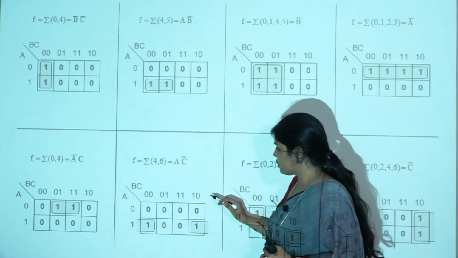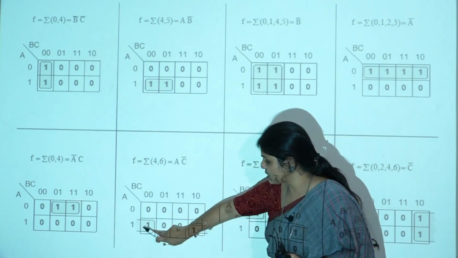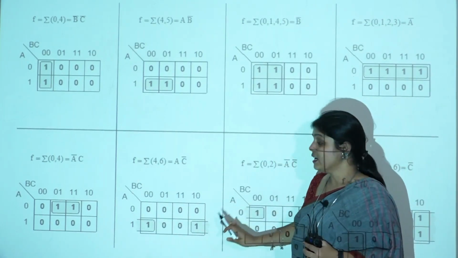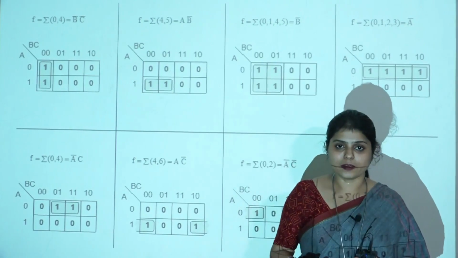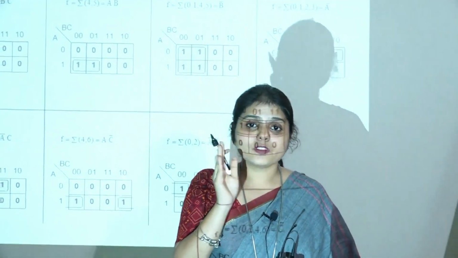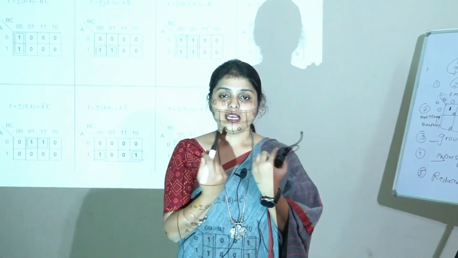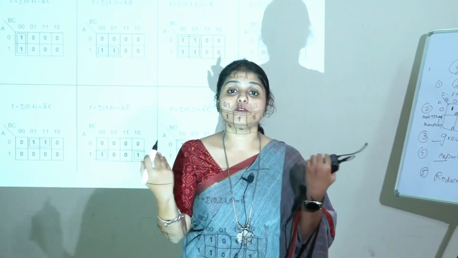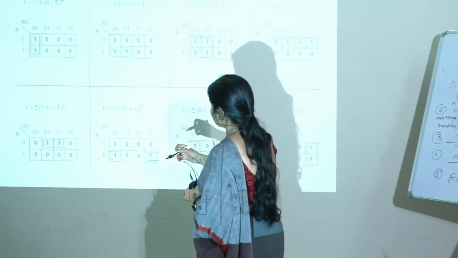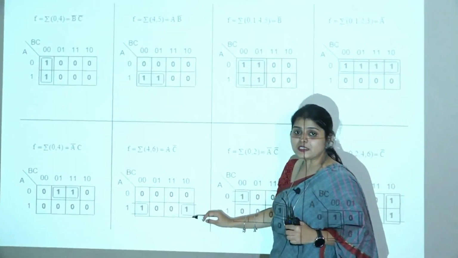Okay. Now, let us look into this 4, 6. This is 4, this is 6. Now, here I would like to tell you one thing. Grouping can be done with the adjacent terms, right? Even if the K-map is like a round structure, you have to consider them even if they are folded. Now, look at this. This is 4 and this is 6.